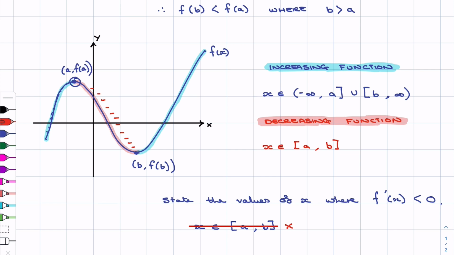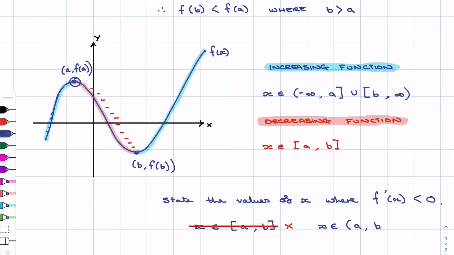The correct answer would be x belongs to (a, b), and here we're using exclusive brackets, the curved brackets, meaning that a and b aren't part of this condition of f dash x less than 0.